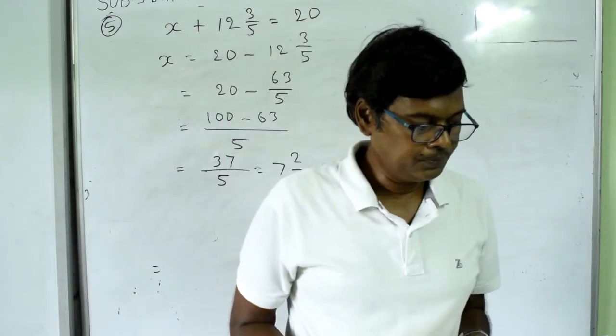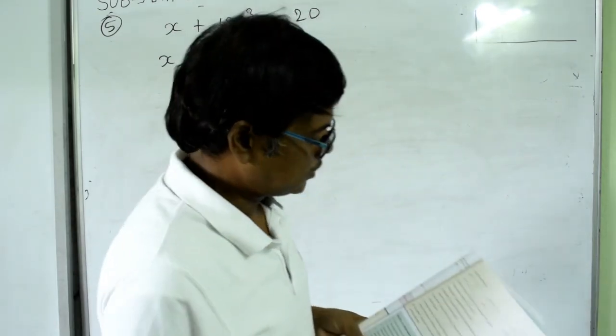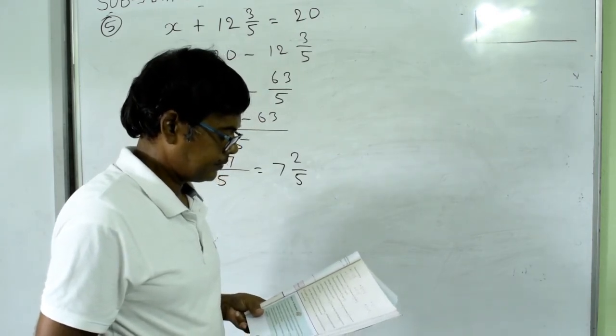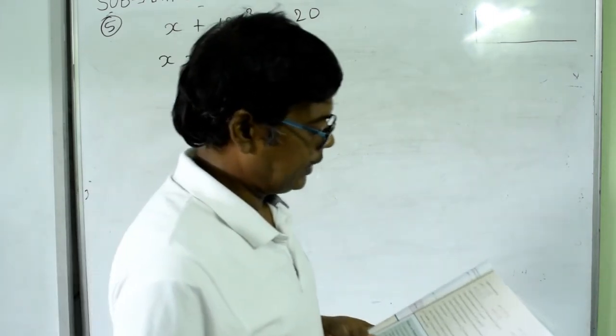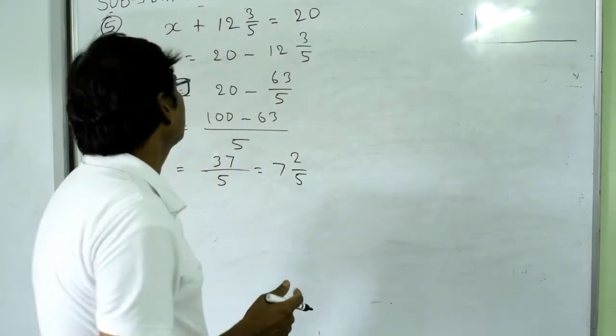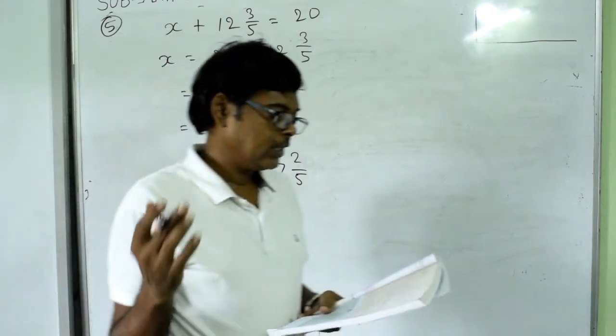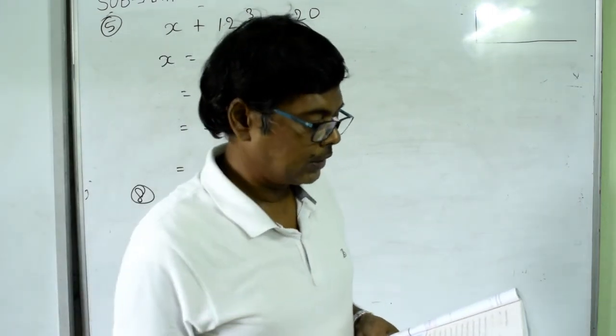Then there is a question here, question number 8. Okay, question number 8. So in this question number 8, Jaya travels 3 by 7 of his journey by car.